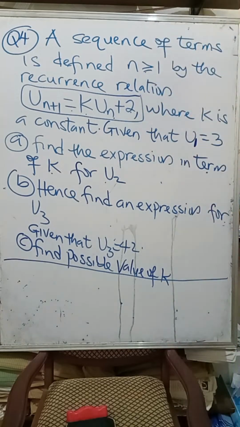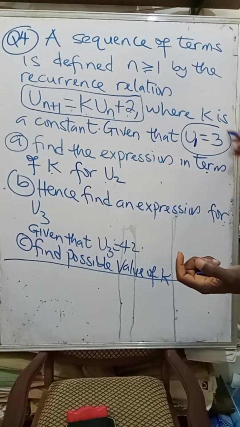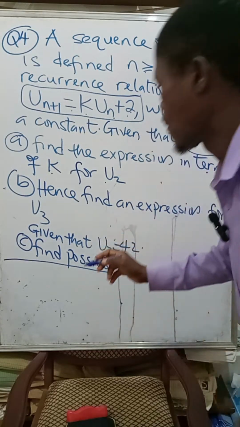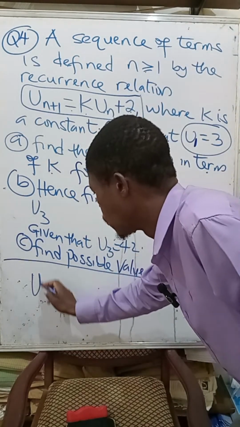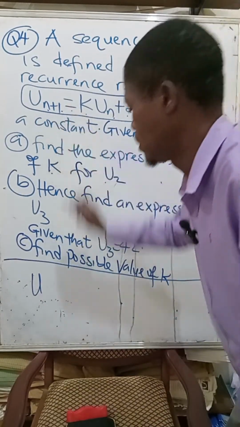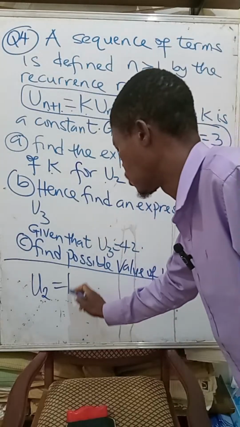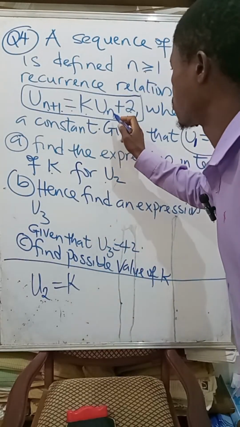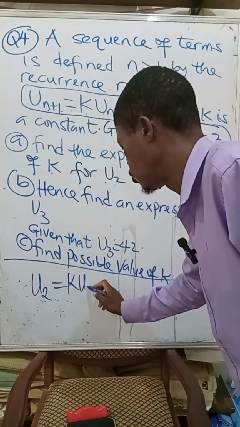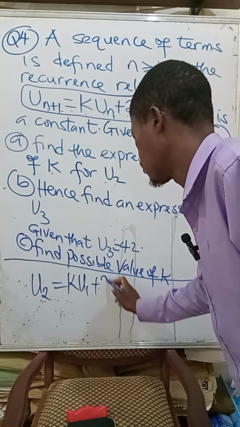With N as 1, that's 1 plus 1, U2 equals K times U1 plus 2.